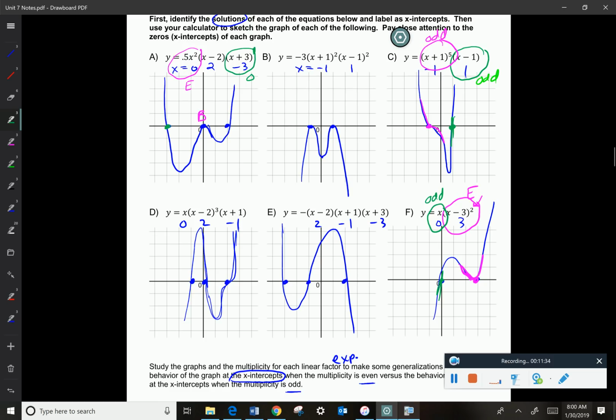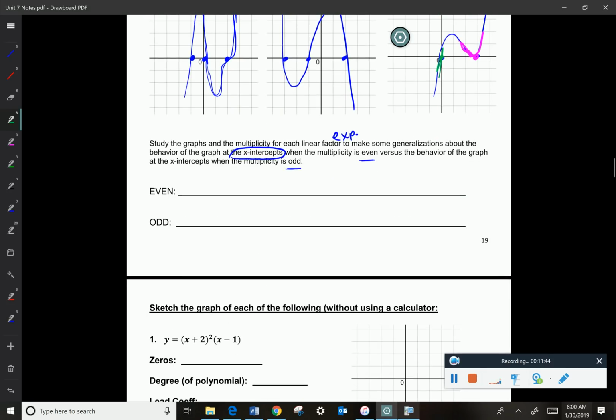So let's see if we can write this as kind of a rule, okay? How about for even, we're going to say that the graph bounces off of the x-axis. So if your multiplicity is even, the graph bounces off of the x-axis.